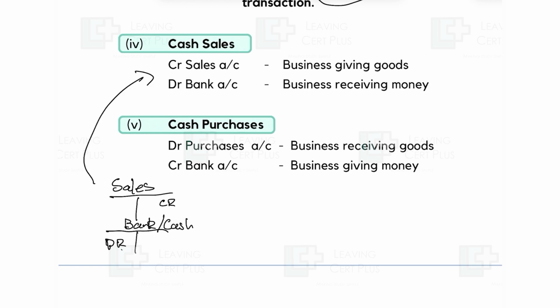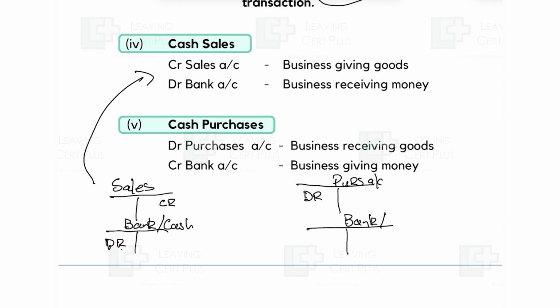And this transaction here, purchases. And again, always remember, purchases are going to be debited. Purchases account, I'll just abbreviate it P or S. So you're going to debit purchases. Why? Because the business is receiving goods. They're buying goods, but they're paying for them immediately.